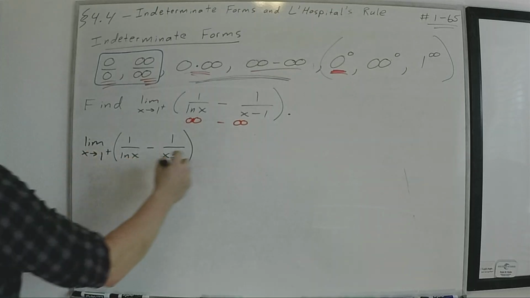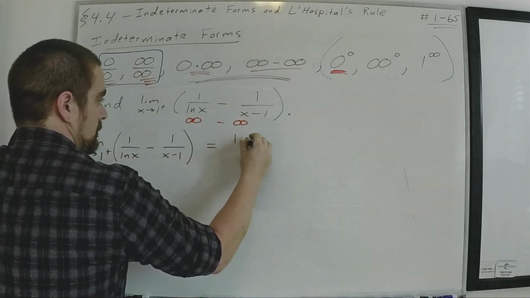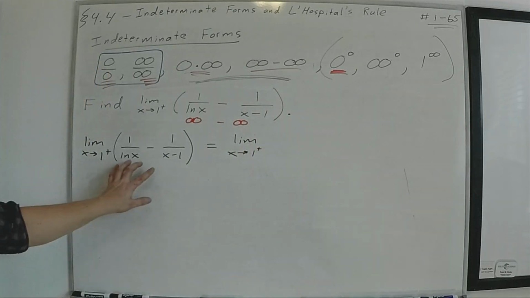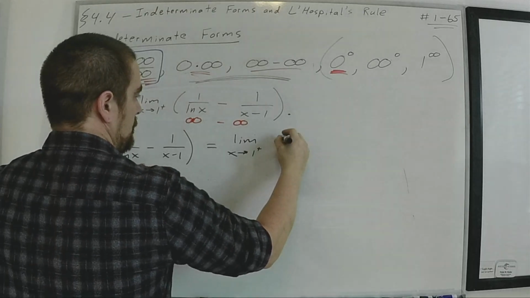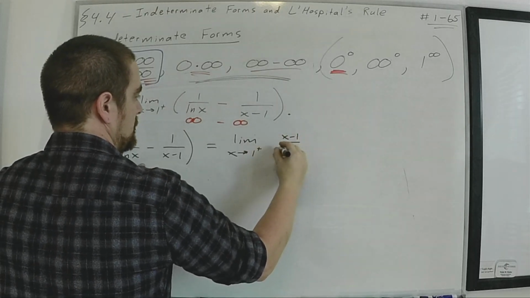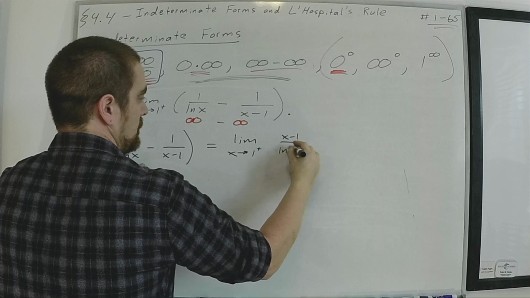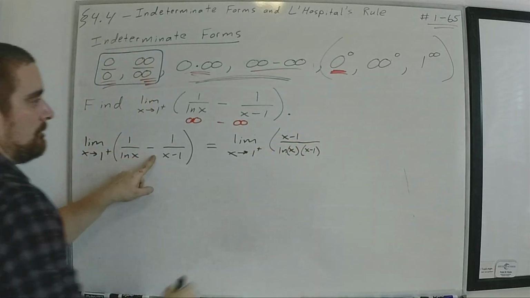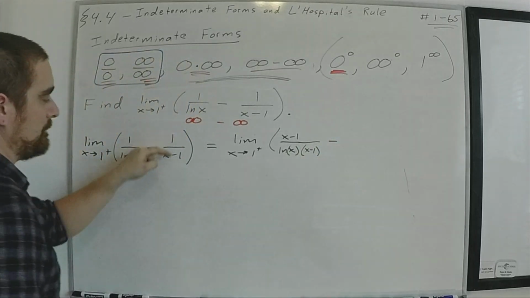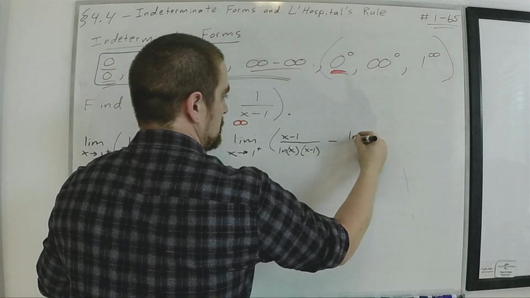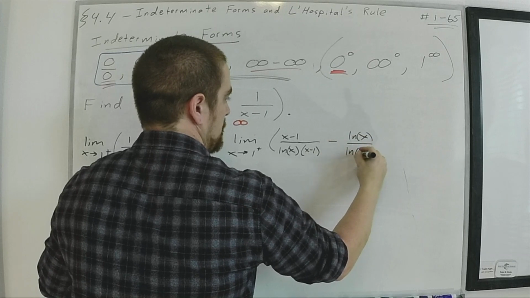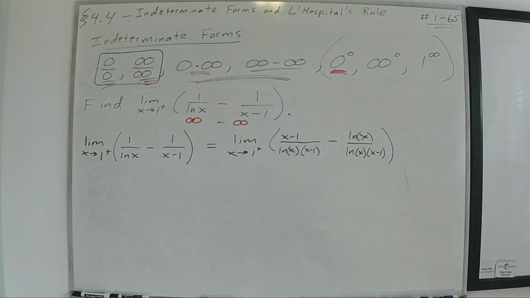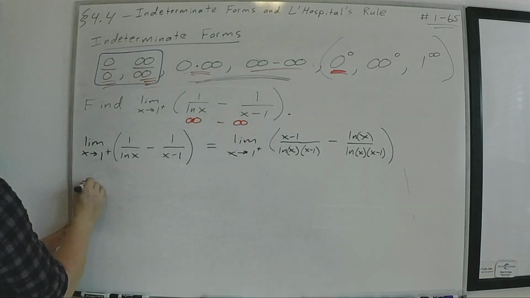So now what we can do is take the limit as x goes to 1 from the right. I'll get a common denominator here, which means I'm going to have to multiply by x minus 1 top and bottom in the first expression, minus, I'm going to have to multiply by the natural log of x top and bottom in the second expression. So now I have a nice common denominator.